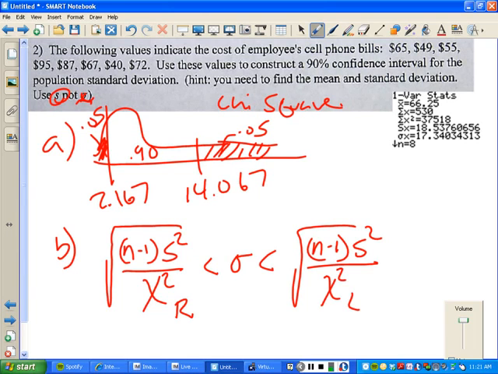Now again, let me just encourage you to understand, this symbol is called chi-squared. Nothing is being squared. That messes up people every time on the test because they start squaring things. Nothing is being squared. It's just a symbol.